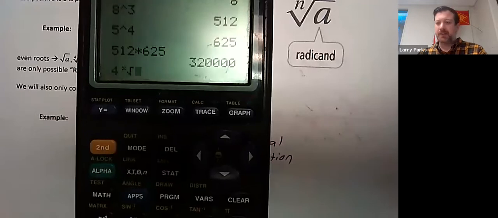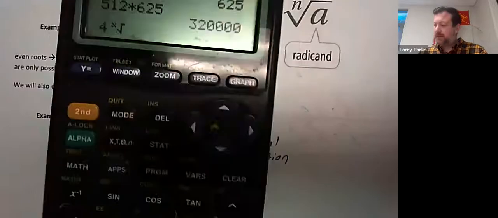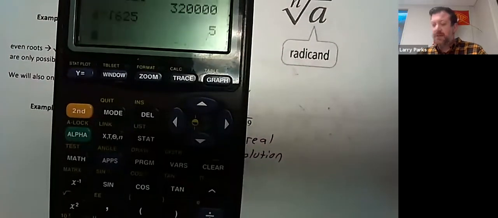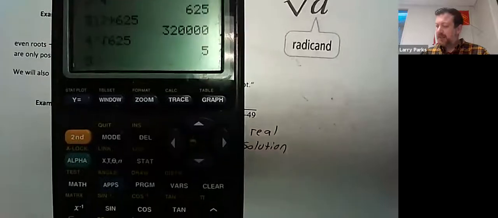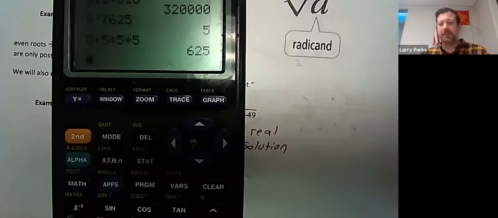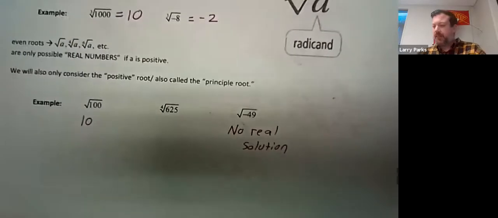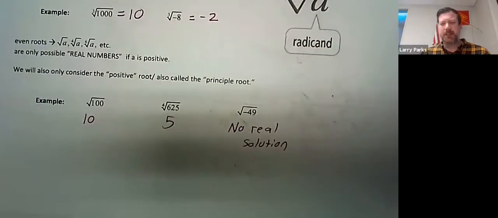So that'll do the fourth root of 625, which is 5. In other words, if I take 5 times 5 times 5 times 5, I should get 625, and I do. So the fourth root of 625 is 5. And I bet Desmo's scientific calculator has that function.